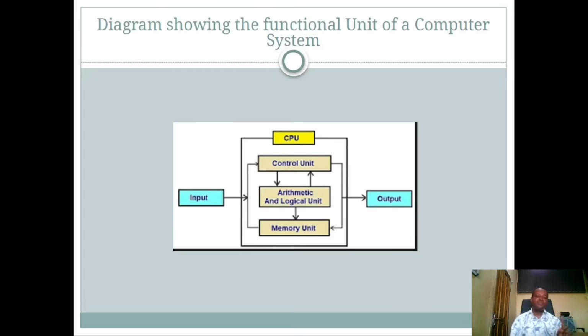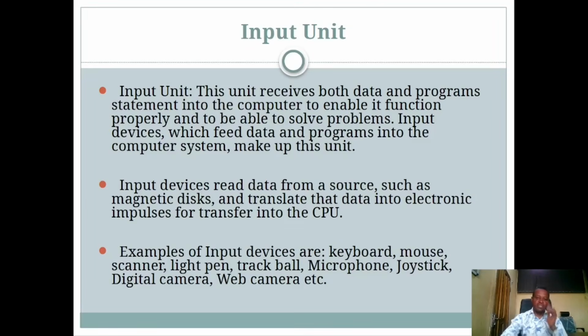Let us briefly look at these units separately. Now let's look at the input unit. So what is the input unit all about? This unit receives both data and program statements into the computer to enable it to function properly and to be able to solve problems. So the input unit is the unit through which the computer system receives data and instructions or programs.